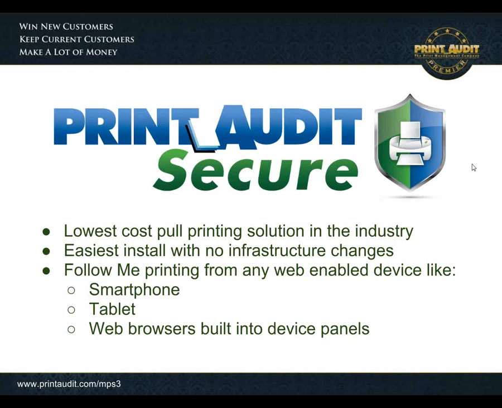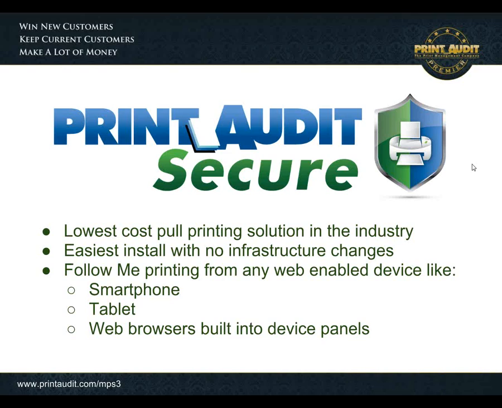The other nice thing about it is that there are no infrastructure changes needed on a network. Every competitive system needs some sort of hardware for the network. It's not needed here. It's the easiest to install, and another really cool thing is that you can release jobs from any browser-enabled device: smartphone, tablet, web browser, or anything.